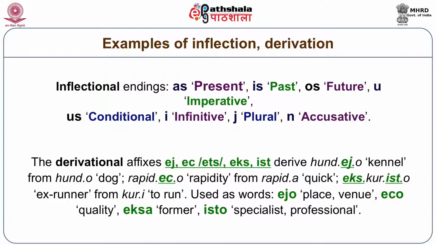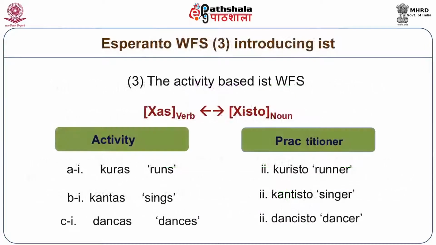The letter C in Esperanto marks the sound TS, so ECO in the spelling comes out as etso. If you take a word like ekskuristo, which means a former runner or ex-runner, the ek prefix and the ist suffix in ekskuristo are two derivational affixes surrounding the verbal root kur, which is to run, and o at the end is an inflectional ending telling you that the word is a noun.